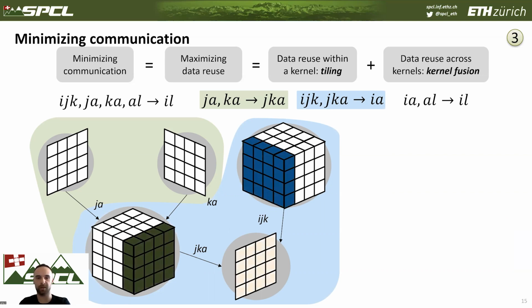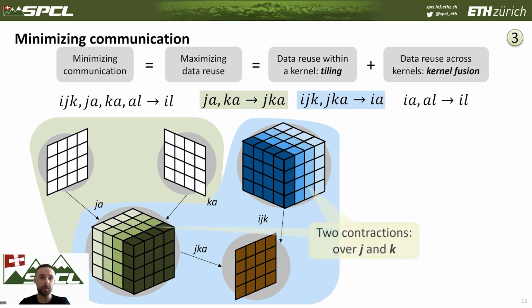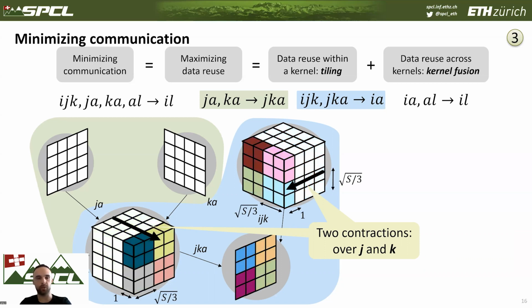So we go slice by slice, and for each slice we perform a matrix multiplication and we do the reduction. So we have two contractions over J and K, and treating it as a batched GEMM operation, the optimal schedule would take again our square root of S divided by 3 tile size, and we'll get this square tiling of the iteration space.